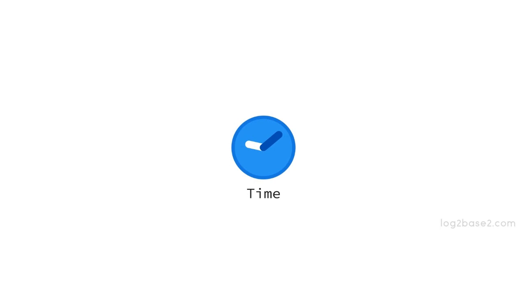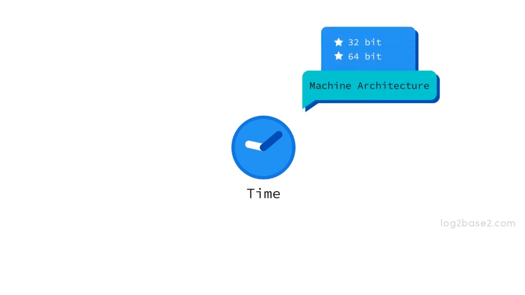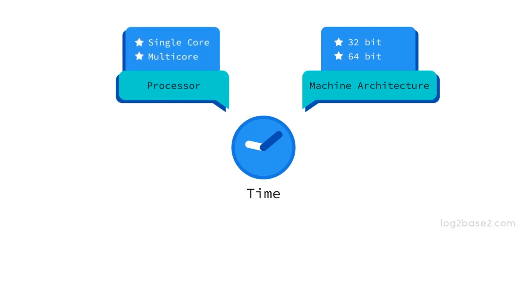So the time complexity of an algorithm depends on various factors such as machine architecture, that is whether the machine is a 32-bit architecture or a 64-bit architecture. Then on the processor that the machine has, that is the machine can have a single core processor or multi-core processor. Then it depends on the execution type.